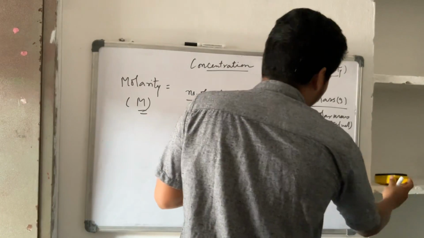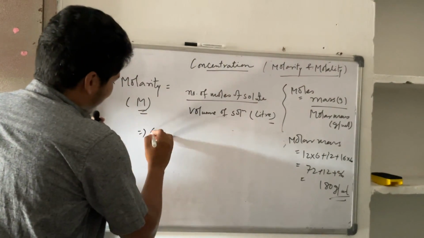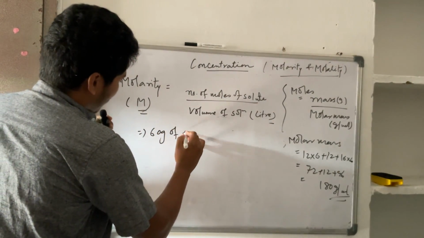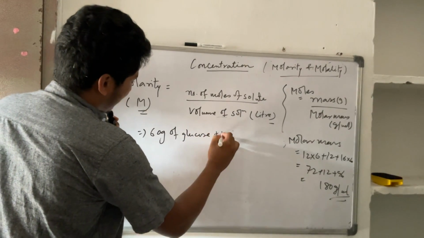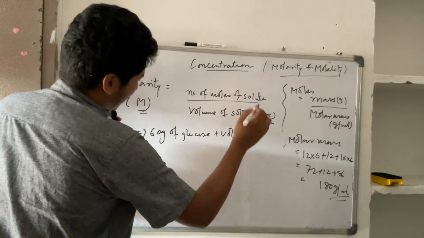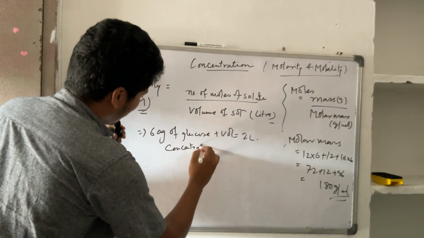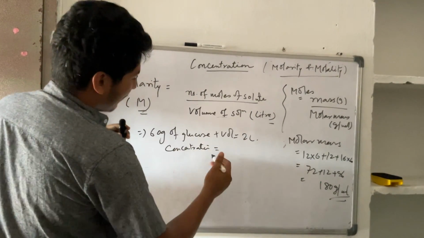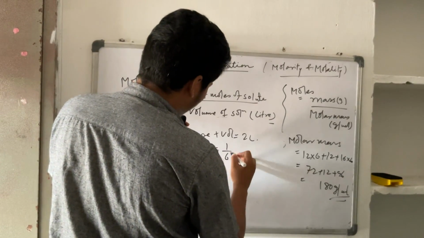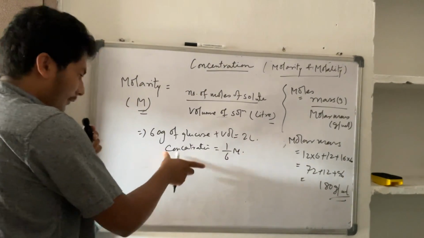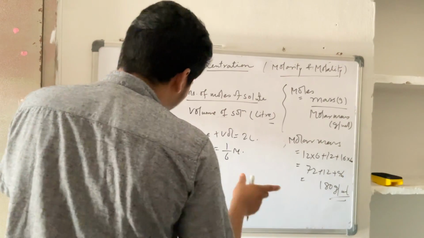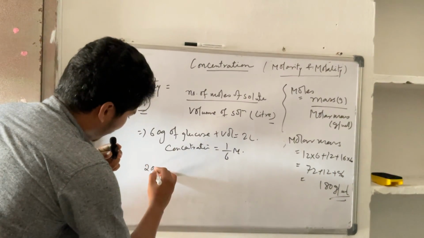We saw here that by adding 60 gram of glucose and making the volume 2 liter, the concentration we found is 1 by 6 M. Now from the solution which you have prepared, you have taken 20 ml out.